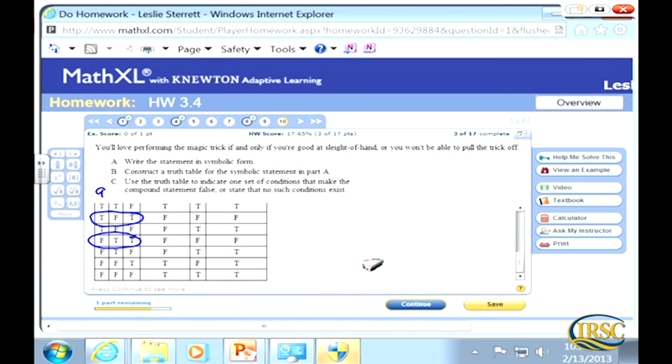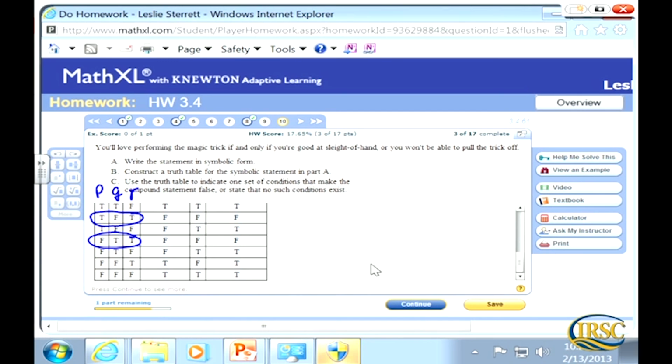Okay, so R is true. They definitely have that in common. And then what do you notice about the P and Q? They're different, right? They're different signs. They have different truth values.